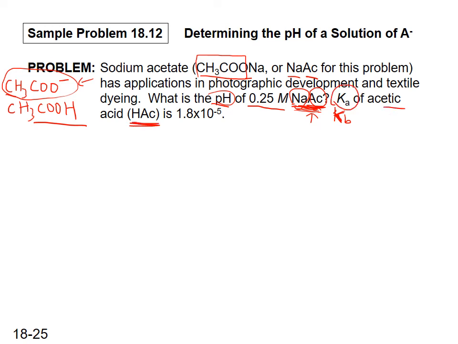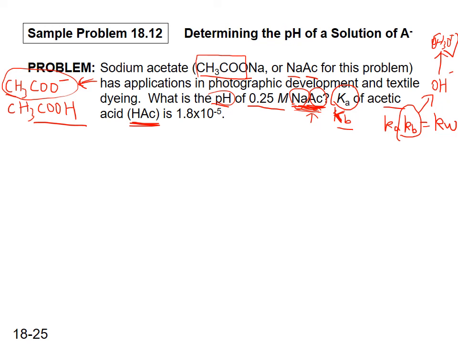So the acid Ka is given, and we want to know the Kb of this anion or conjugate base. We just learned that Ka times Kb equals Kw. So from this equation, we calculate the Kb, and then we use the reaction table to calculate hydroxide because it's a weak base. From hydroxide, then we calculate the hydronium ion, and then we calculate the pH.